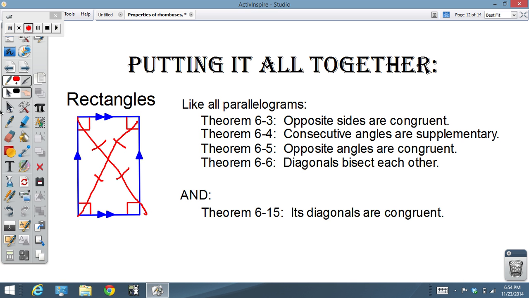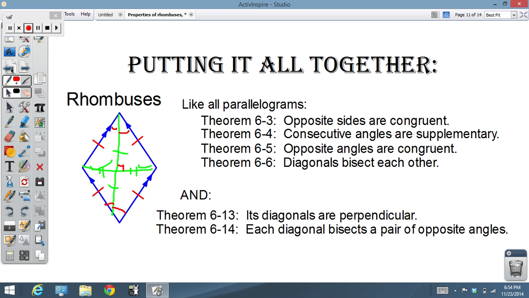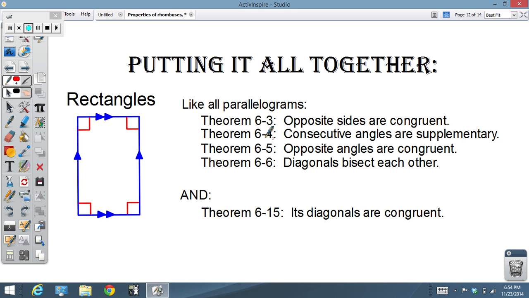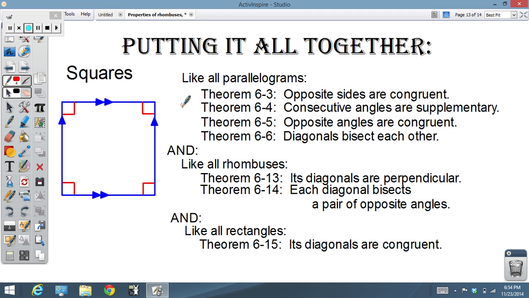Look back at the other diagrams if you need them to be prettier than I've got them here. Rhombuses: all parallelograms plus a couple others. Rectangles: properties of all parallelograms plus another one. Squares have the properties of all parallelograms, all rhombuses, and all rectangles. So all of those things we've talked about just now apply to squares.